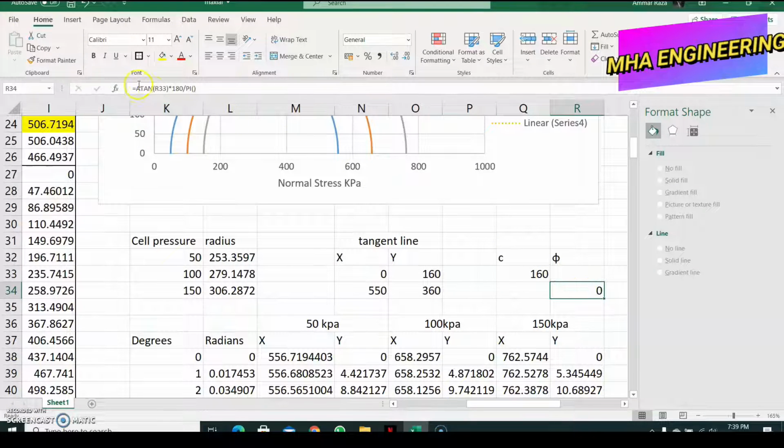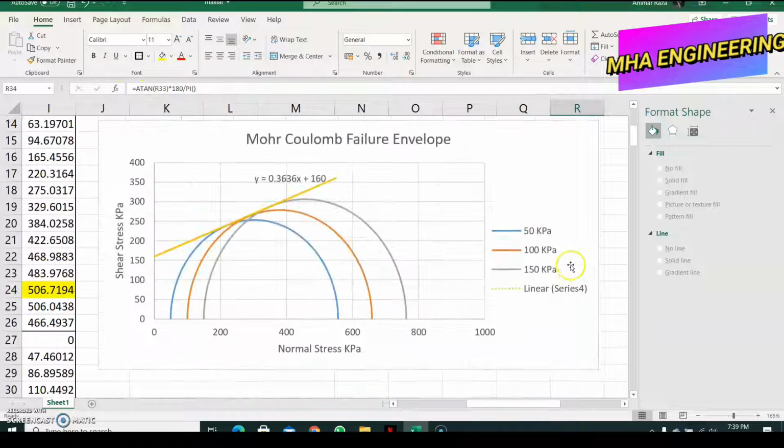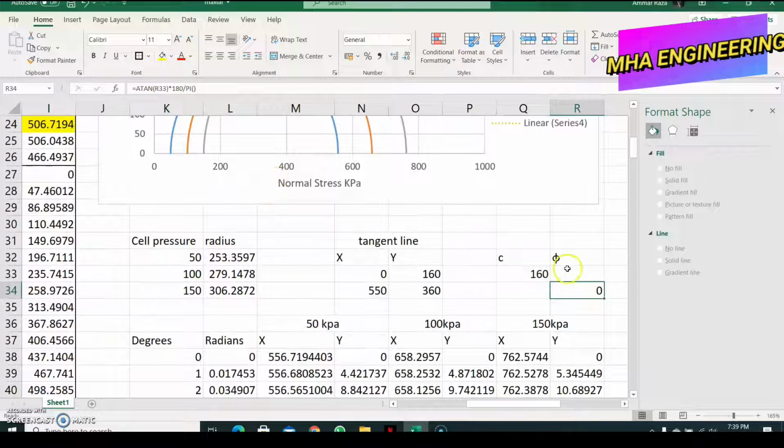So our phi will be equal to tan inverse of the slope of our line. So tan inverse, our line's slope, or m, is 0.3636. If we use this in Excel, it will give us a value in radians, which is why you also have to convert it back to degrees by multiplying by 180 and dividing by pi.